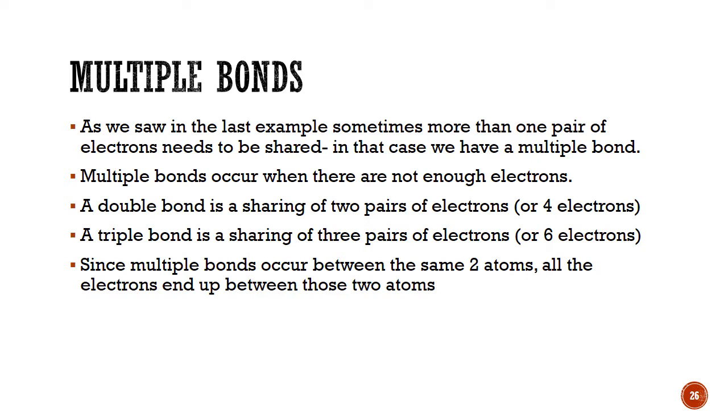A double bond is a sharing of 2 pairs of electrons, which is a total of 4 electrons. 2 pairs, 4 electrons. And a triple bond is a sharing of 3 pairs of electrons, or in other words, 6 electrons. Since multiple bonds occur between the same 2 atoms, all of the electrons end up between the atoms, and you can count them for both sides of the bond.